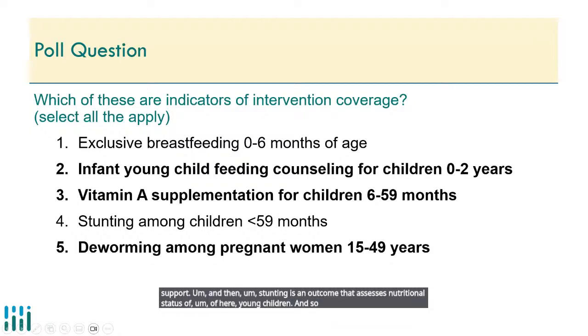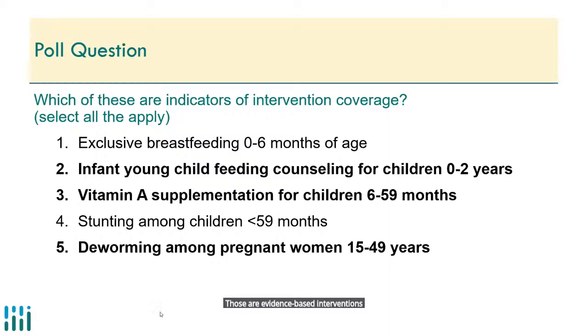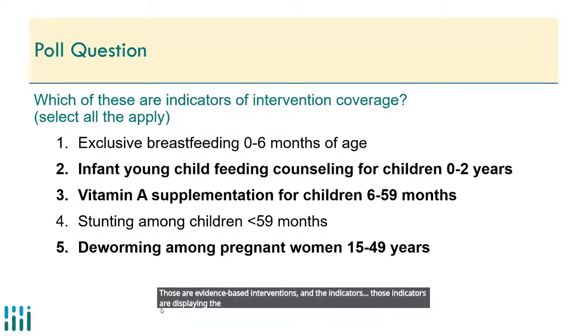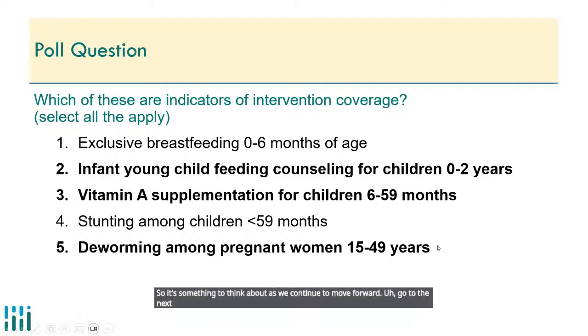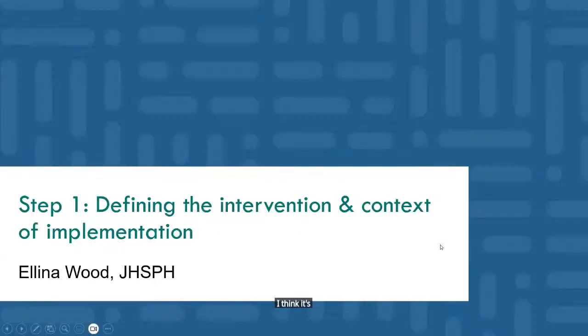The responses related to counseling, number 2, vitamin A supplementation, 3, and 5, deworming, are evidence-based interventions, and those indicators are displaying coverage indicators. So something to think about as we continue to move forward. Go to the next presenter. I think it's Alina. Thank you.